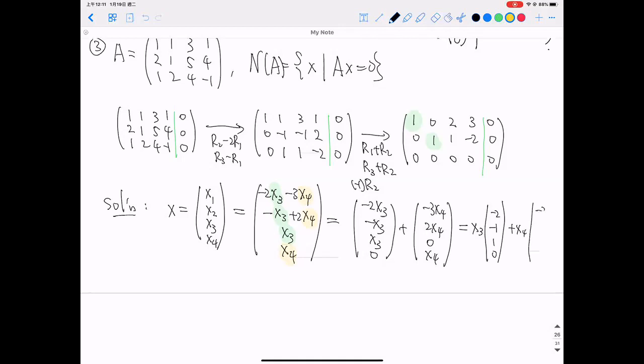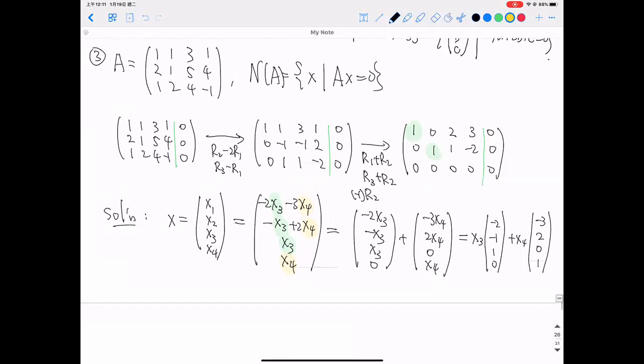Okay. So this gives a general vector description of solutions to AX equal to 0. It's written as a linear combination of two vectors.